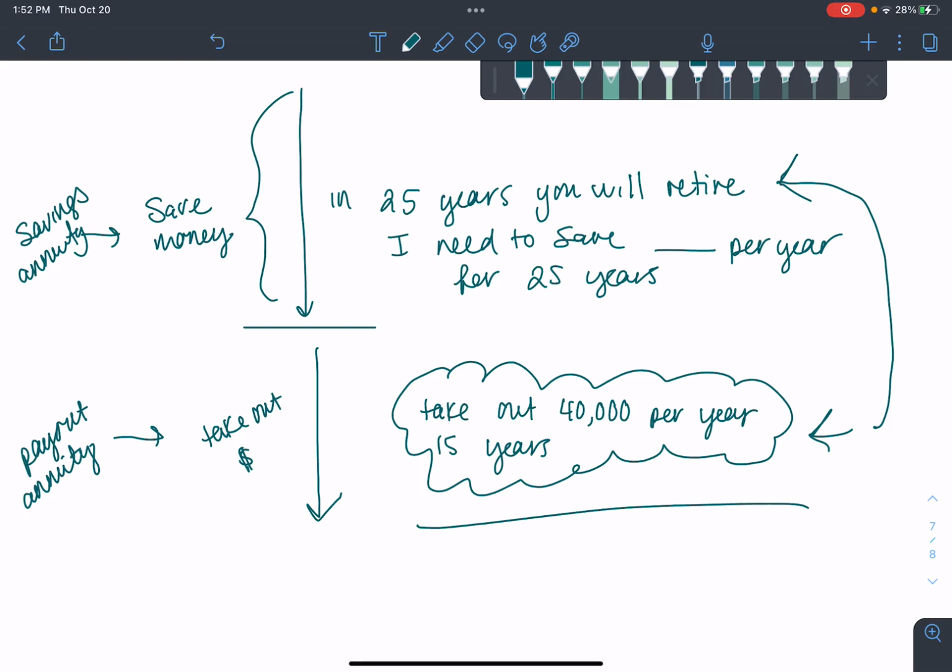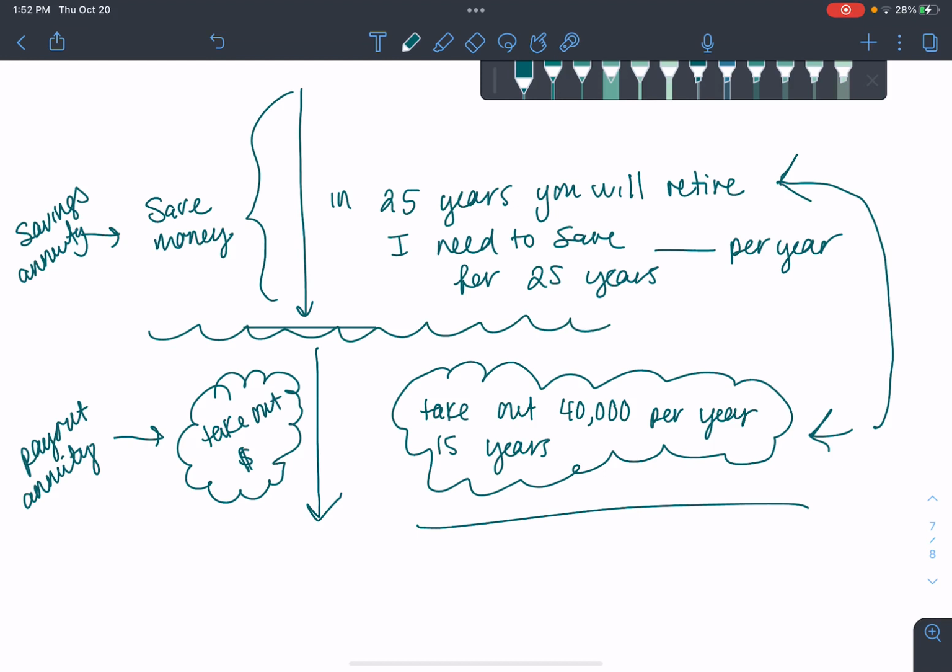If that's how much you want to take out, what is the amount that needs to be in the account on the day that you retire? After you figure that out, now you can make your plan. If I want to have that much in my account, how much do I have to save between now and then? So that's the plan for this problem. It's two parts, and you're working backwards. You start off by saying, this is what I want to do. This is how much needs to be in there. And then this is how I'm going to save for it.